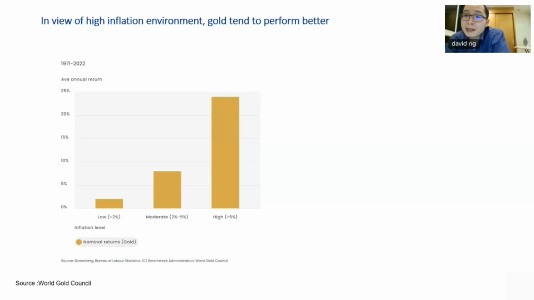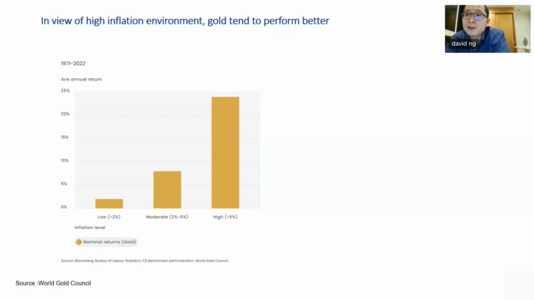So in those markets, generally gold will tend to perform well, because a lot of people will start to see that when you have an inflation environment, a lot of people will be moving out of the equities market and into the precious metal market. So in a sense, gold tends to benefit. And again, gold can be a very good store of value. If you just look at the prices of gold back in the early 1980s to where it is right now, we can see a substantial increase in gold prices.